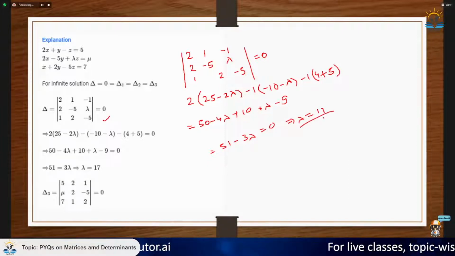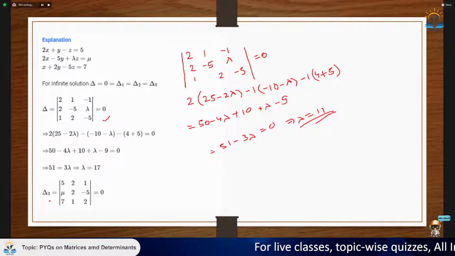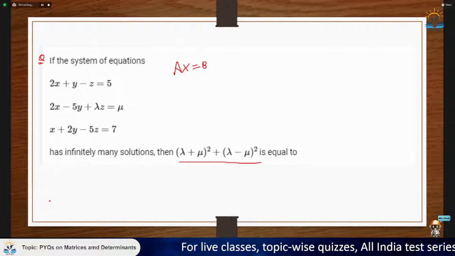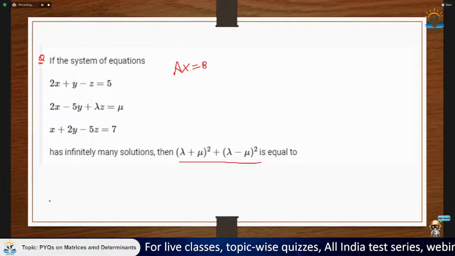ठीक है, मैंने lambda निकाल लिया and lambda I calculated. Then, okay, they are asking me this thing.